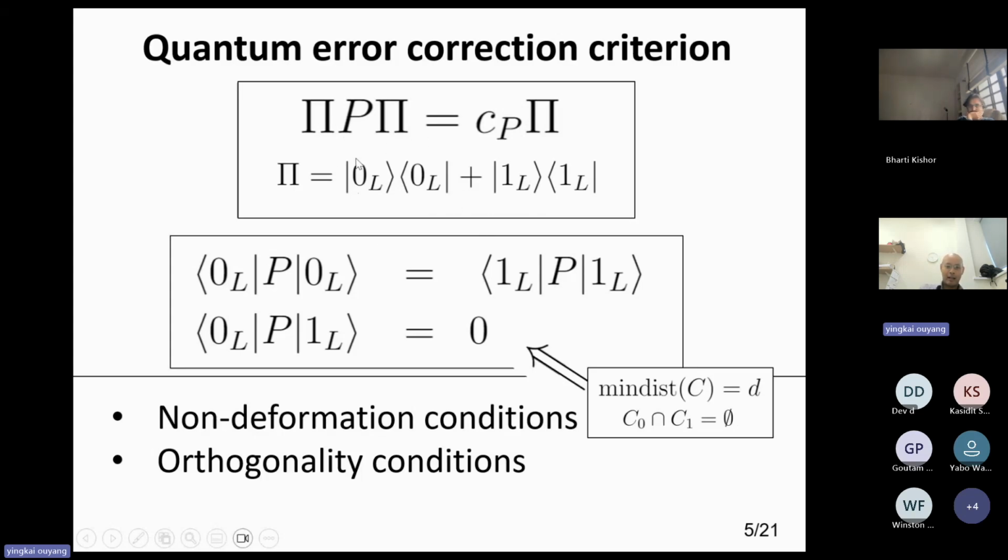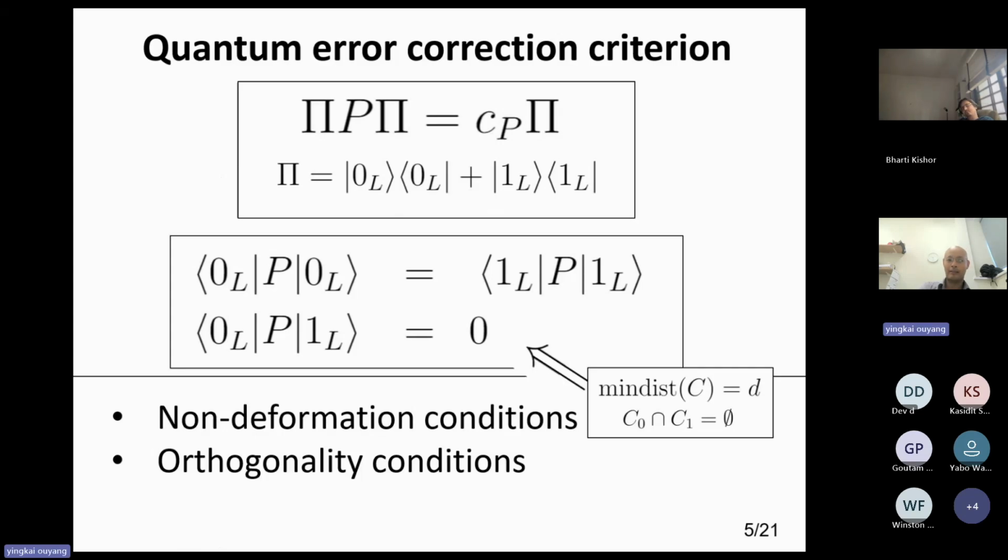And then what we require is that for all Paulis, multi-qubit Paulis of sufficiently low weight, that is of weight up to d minus 1, if this condition is satisfied, that is Π P Π equals some constant that depends only on P times Π, then we would say that the quantum error correction code that corresponds to this code projector can correct d errors.